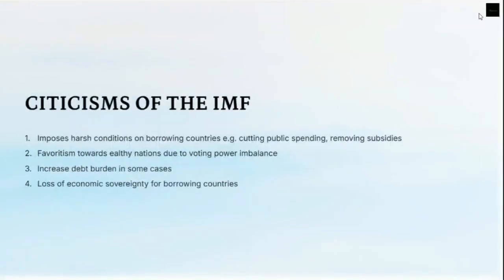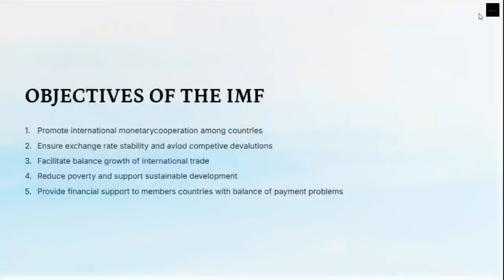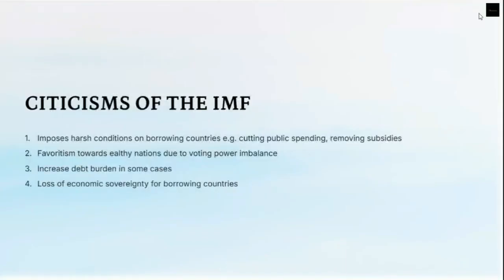Now we'll talk about the criticism of the IMF. They impose harsh conditions on borrowing countries, e.g. cutting public spending, removing subsidy. Like when they removed subsidy in Nigeria, everybody was shouting, oh, why is this?